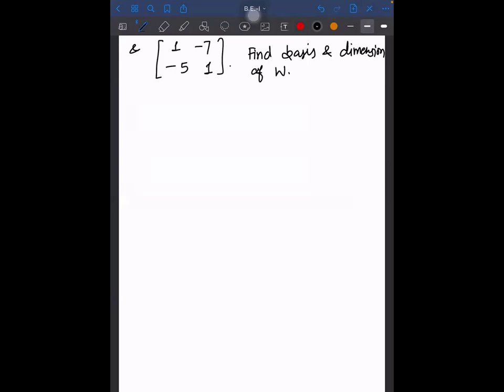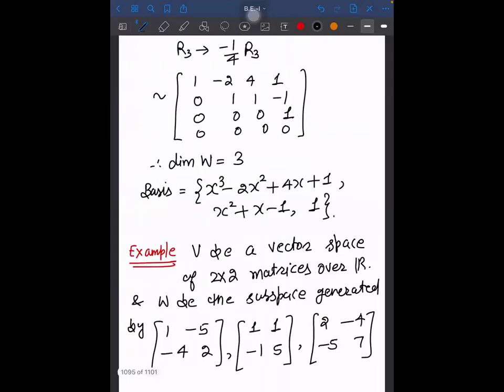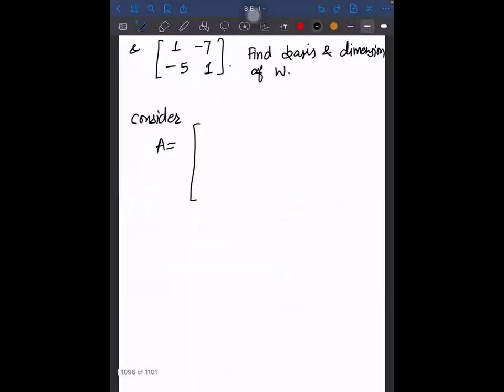So again, do the same stuff. Consider a matrix A which includes these matrices. How will it include these matrices? You simply open them up and put them like vectors. That means 1, -5, -4, 2.